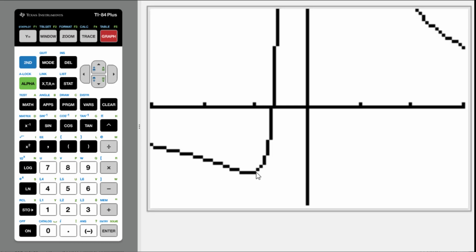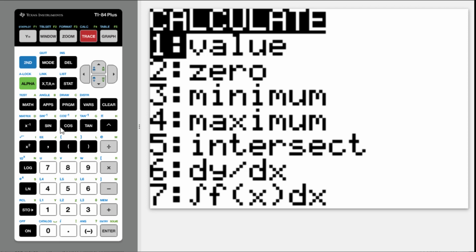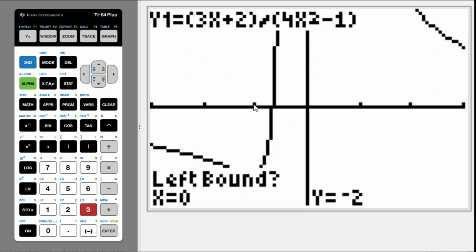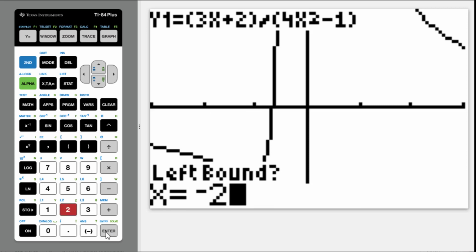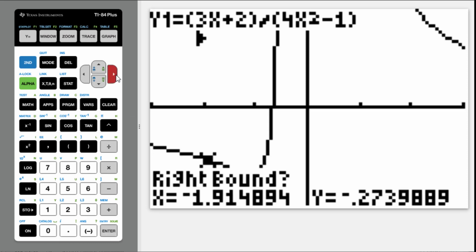There is a minimum value over here. So we need to figure this out. Second trace, go to 3. This is negative 1, negative 2. Let's make negative 2 the left bound. Then move.